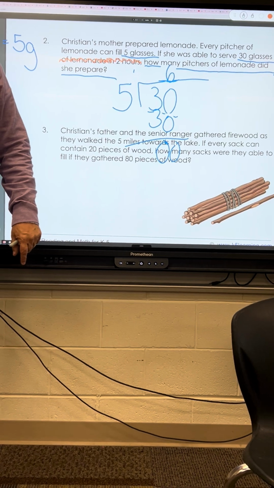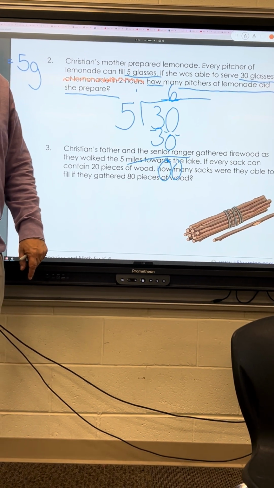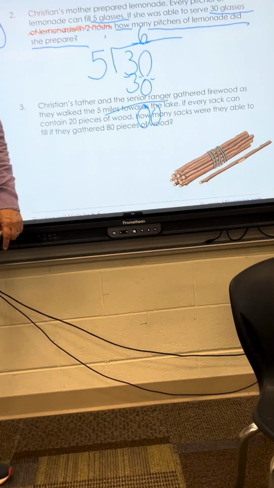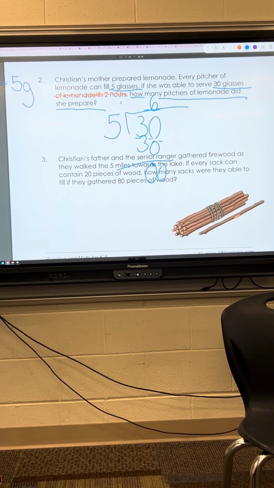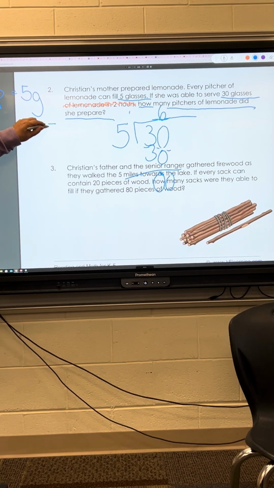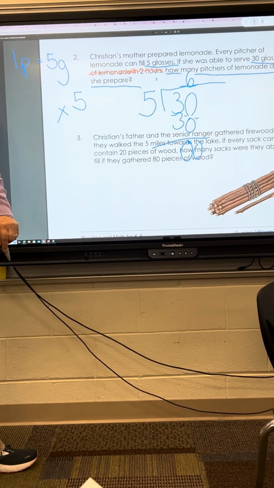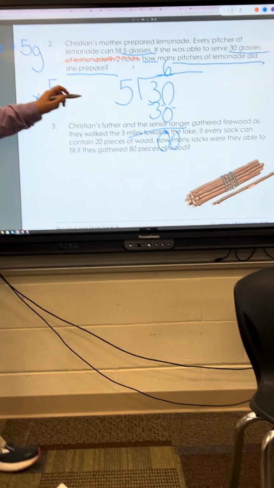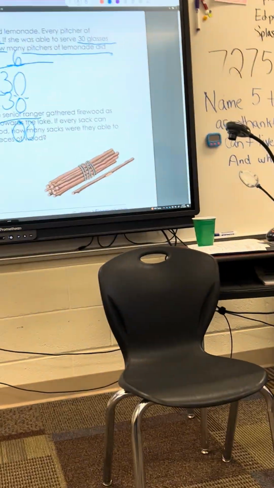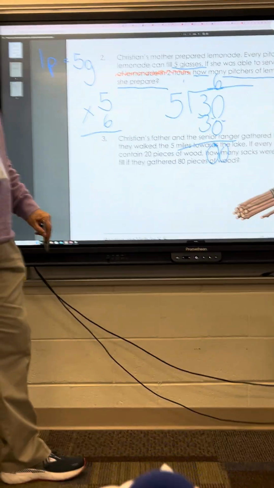We gotta multiply. It's basically the same thing when we did addition and subtraction. 5 times whatever we said our quotient was. And if 5 times 6 is 30, I think we're right.